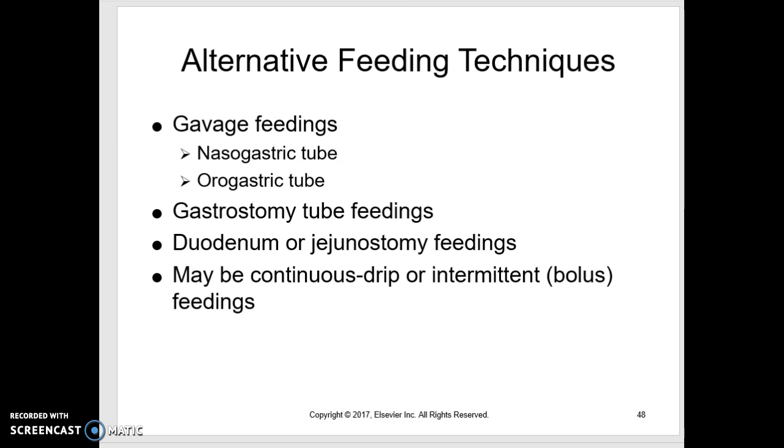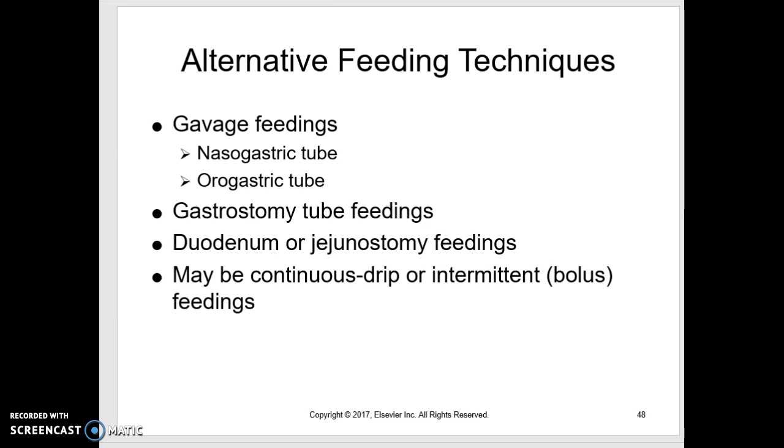They would have to reflux all the way through the duodenum and the stomach in order to reflux and then aspirate. So if you're going jejunal, you have to do a continuous feed. You cannot do a bolus feeding because there's no stomach to hold a big mass of feeding. There is no place to hold it.